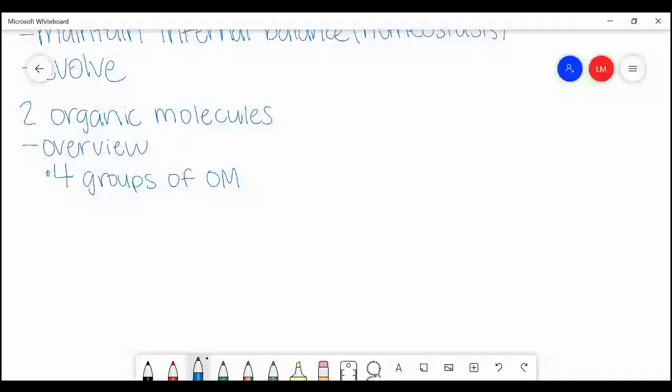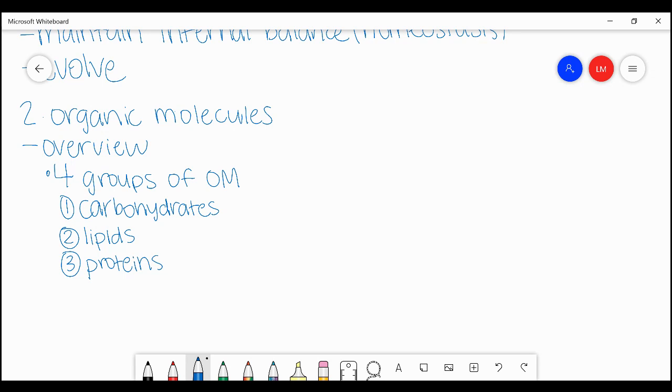They are carbohydrates, lipids, proteins, and nucleic acids.